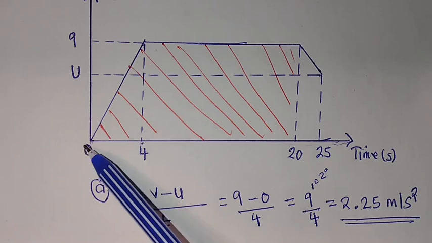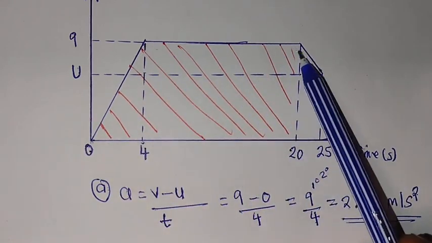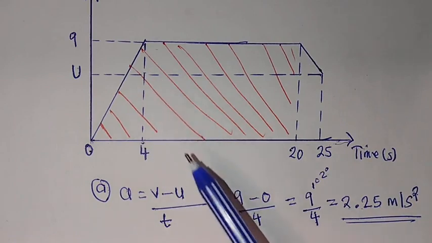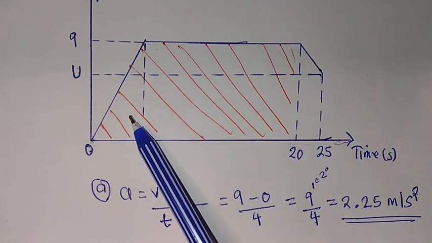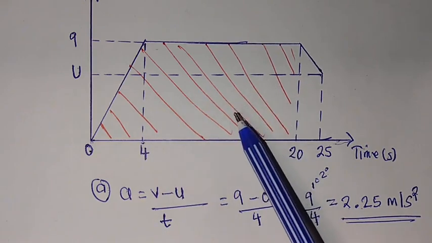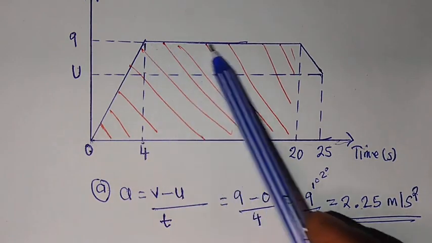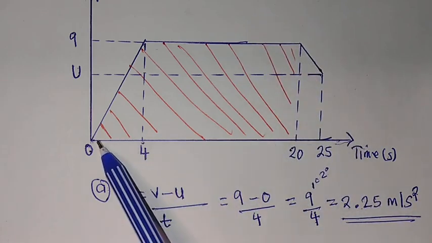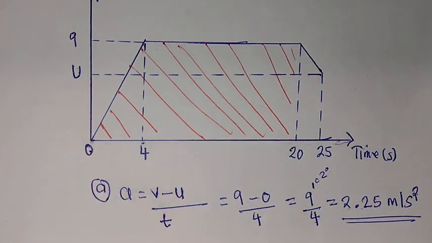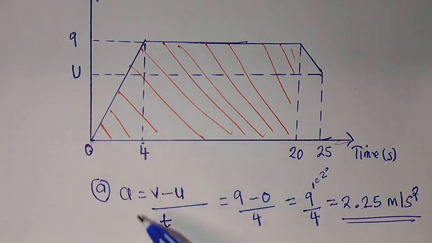So you can see this is a triangle, then we have a rectangle right here. You can either find the area of this triangle plus the area of this rectangle, that will be the distance. Or you look at this shape. This shape that we have is a trapezium. When we are looking for distance under the graph, it is the same as the area.